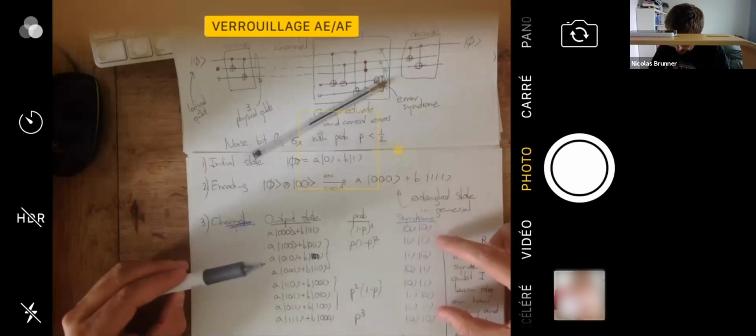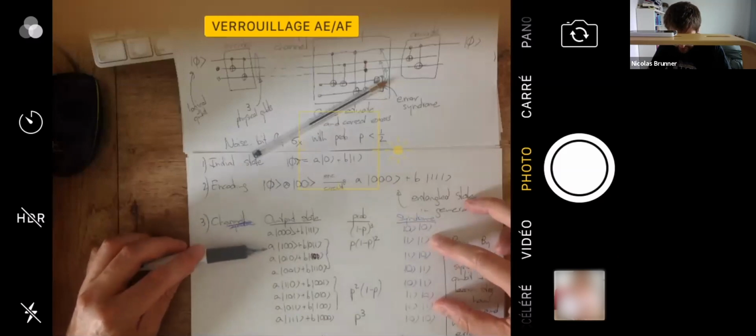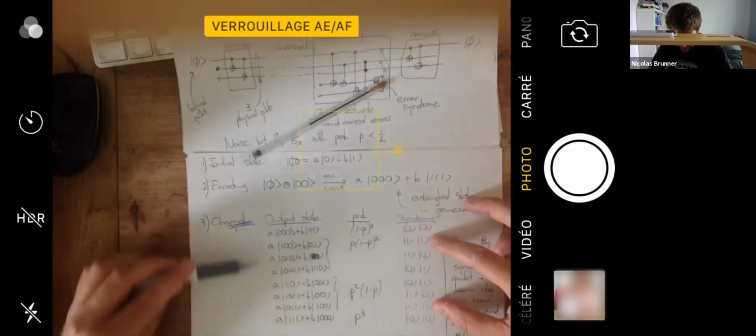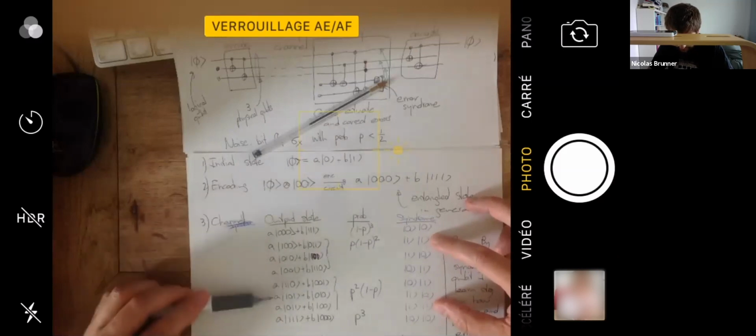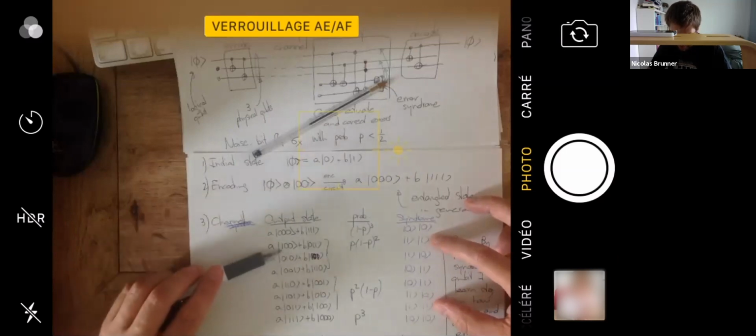Now let's do another case. If I see the syndrome to be 1, 1, I need to compare these two. So it could either have been that there was 1 error in the first qubit, or 2 errors in the second and last qubits. Again, this thing is much more likely than this. And therefore, what I should do is that I should correct the error in this first qubit.